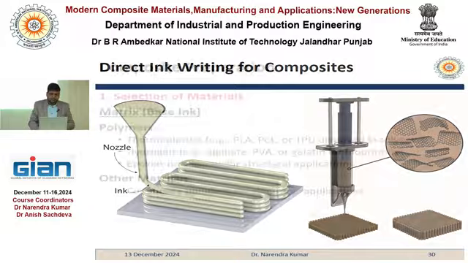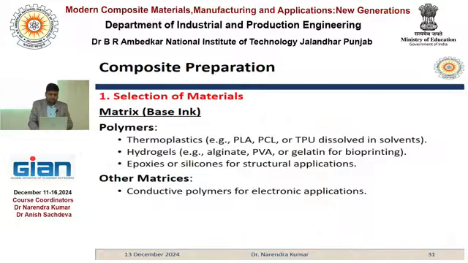Similarly, we have the matrix based ink, so any ink material that you can choose, and other matrices like conductive polymers, or conductive material like copper or aluminum ink, and other inks which are available in the market. So you may select, and then fibers you can add.